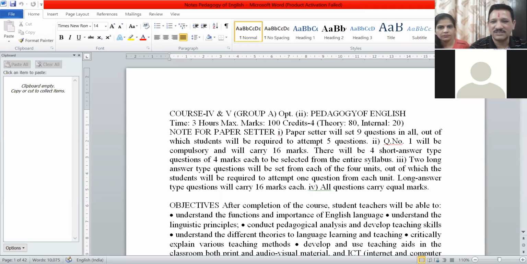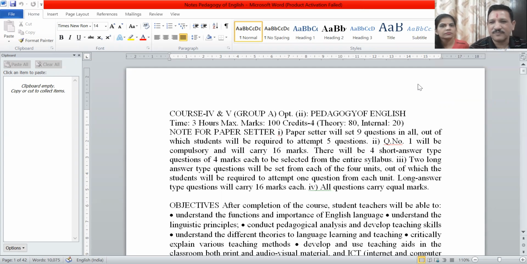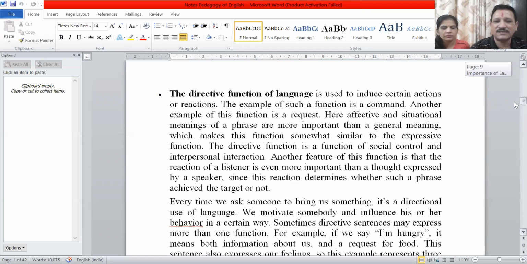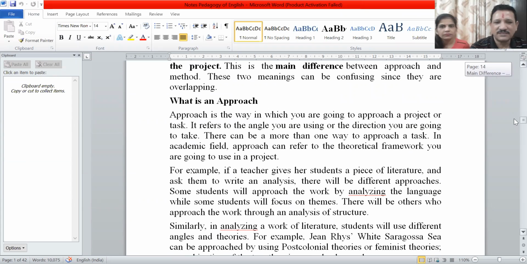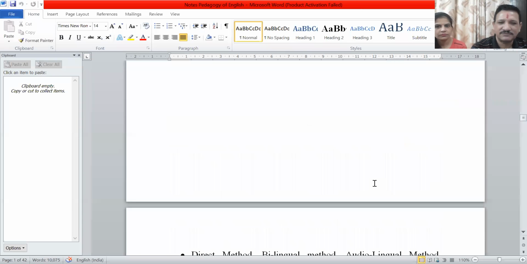Today we are going to discuss methodology, that is, method. Now, what is method and what is approach? It's very necessary for us to know the difference between approach and method. It's very important.